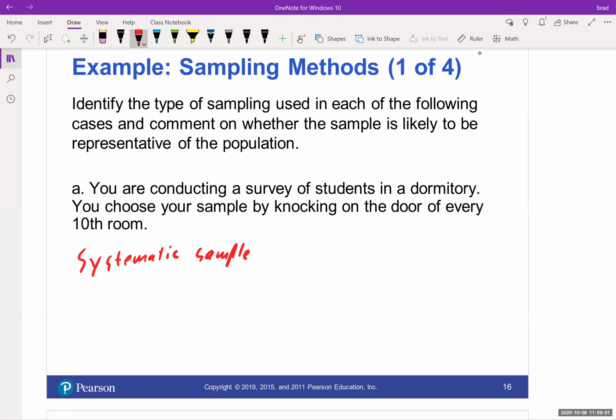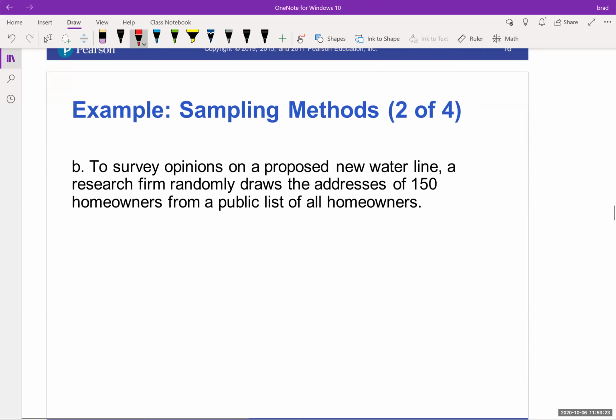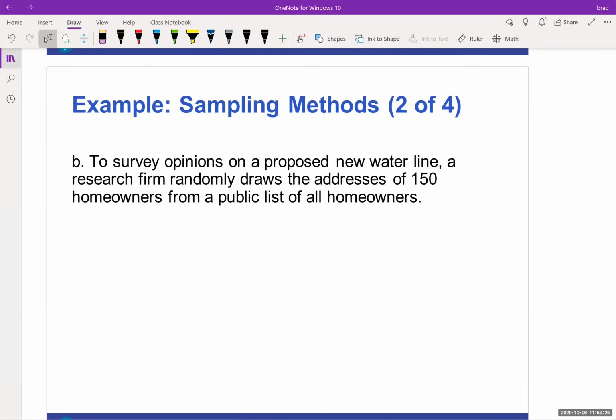Okay, and the sample may be representative as long as students were randomly assigned to rooms. So you can't try to pick certain rooms based on which students are in which ones. So you've got to be careful with that. But yeah, that definitely sounds like systematic sampling to me.